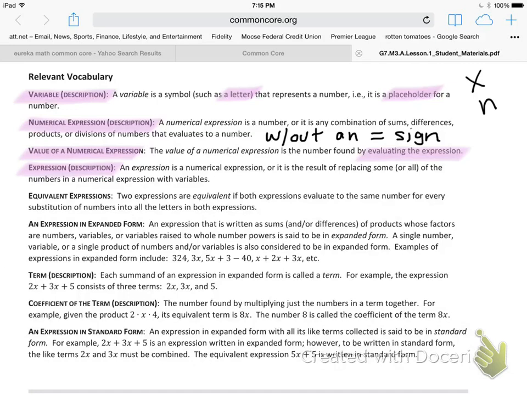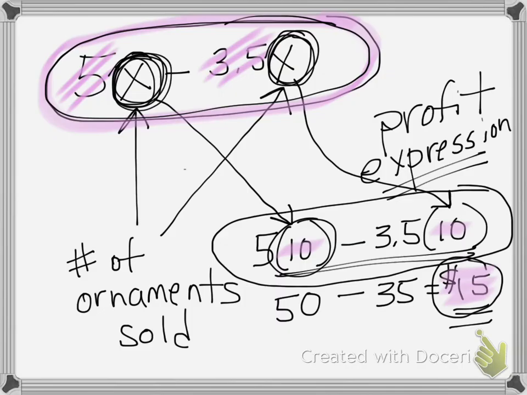Now, equivalent expressions, we talked about this before. Two expressions are equivalent if both expressions evaluate to the same number for every substitution of numbers into all the letters in both expressions. So, for example, we had this one, 5x minus 3.5x.